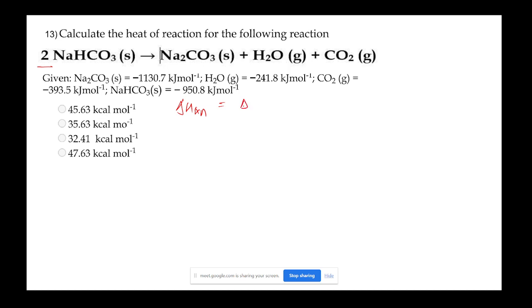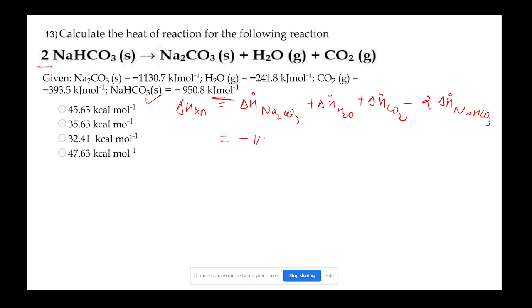So delta H naught for Na2CO3 plus delta H naught for H2O plus delta H naught for CO2 minus 2 times delta H naught for NaHCO3, because 2 moles are consumed and this is per mole.